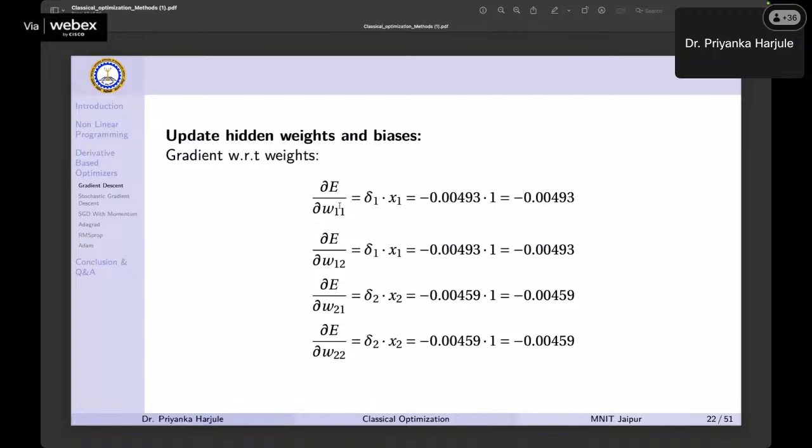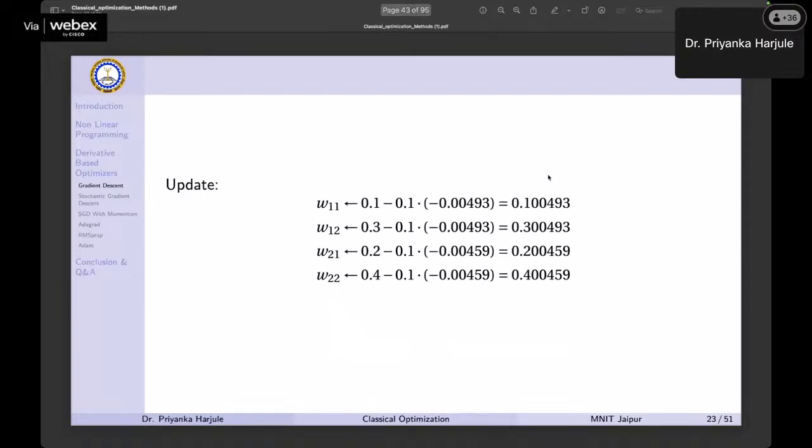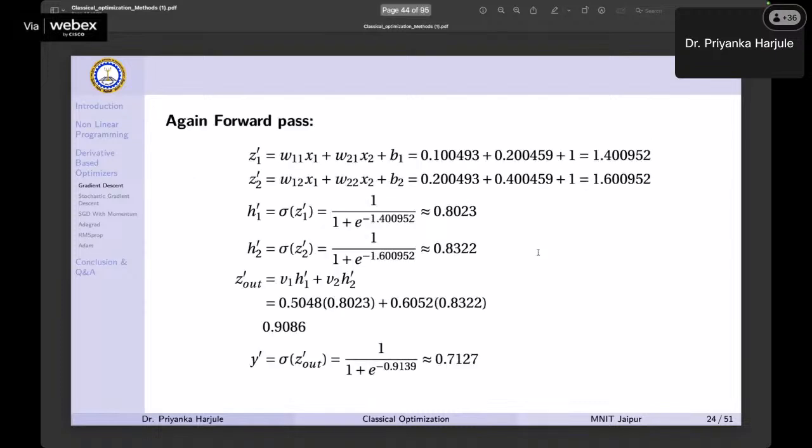So this is giving us the total gradient of the weights W11, 12, 21 and 22 as these. And finally, we make the update of W11, 12, 21 and 22 using the calculated gradients, the learning rate and the previous weights. So this is how the first set of weights have been updated.